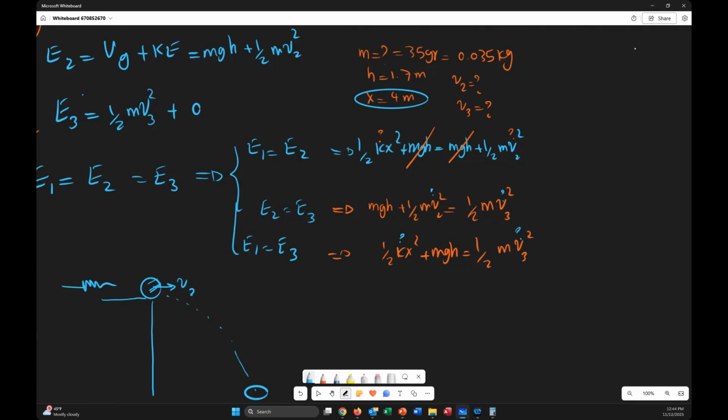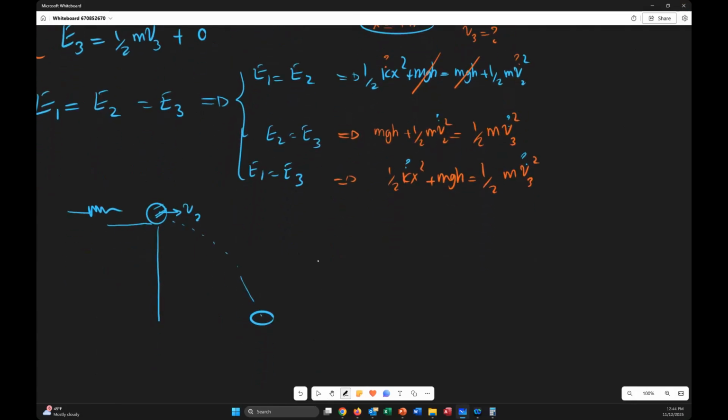Hit the ground, and then I have X equal 4 meter. Can I calculate the velocity? There you go. Because I have height, 1.7 meter.